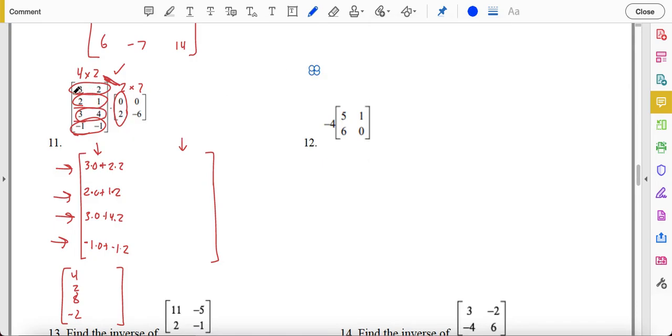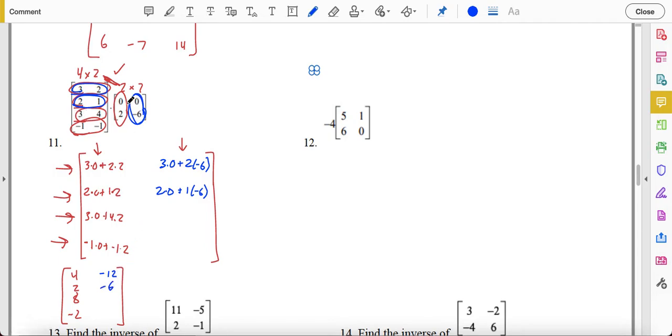All right, second column, I take my first row, multiply by column 2 now. So I've got 3 times 0 plus 2 times negative 6, that's negative 12. And I've got second row, second column, 2 times 0 plus 1 times negative 6. That is going to be negative 6.